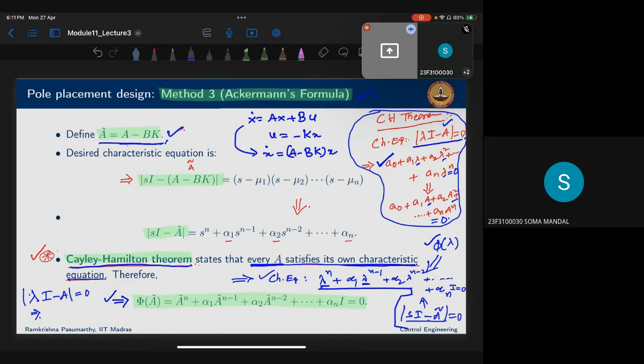Then we define the characteristic polynomial by substituting A tilde, and mu1, mu2, mu n are the desired pole locations. So you can write this part as sI minus A tilde, and this side you can write as the polynomial. Is this clear? Any doubt in this?